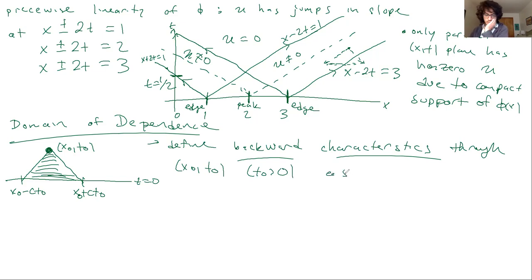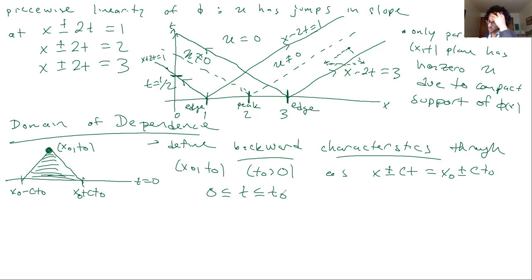And in particular, you want to propagate them all the way back to, let's say, your initial condition. So x plus ct equals x0 plus ct0. And that's defined for t goes from 0 up to t0.